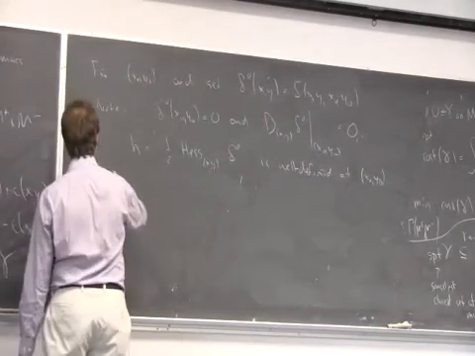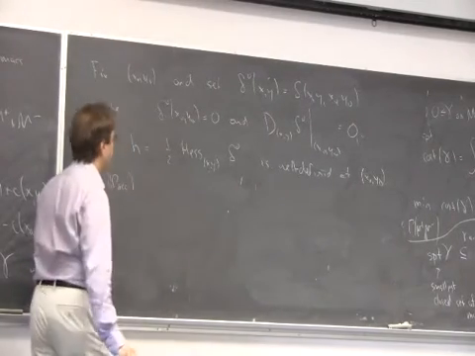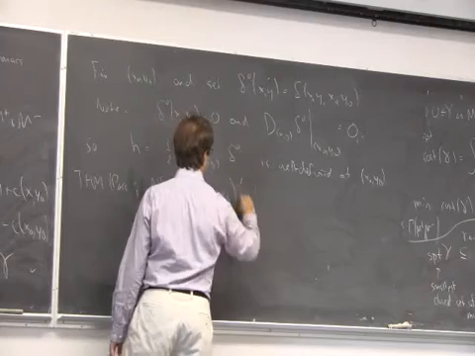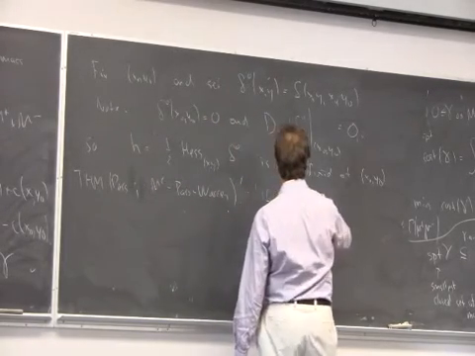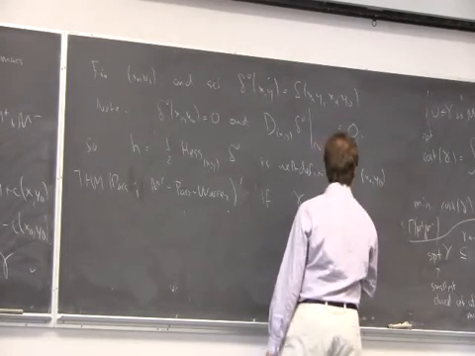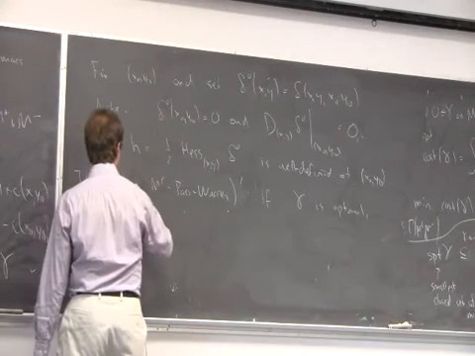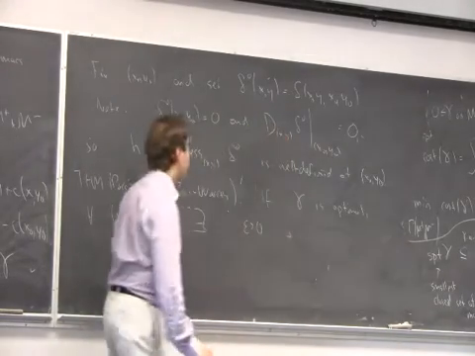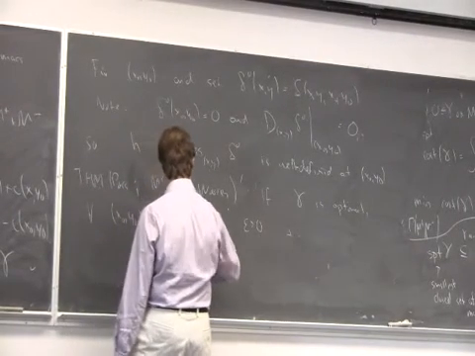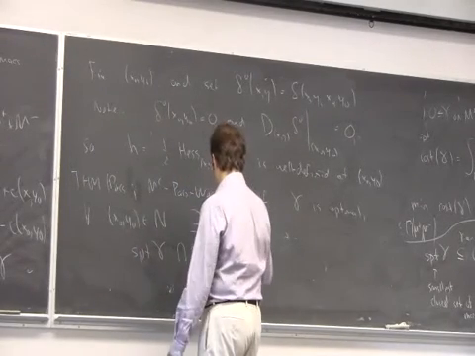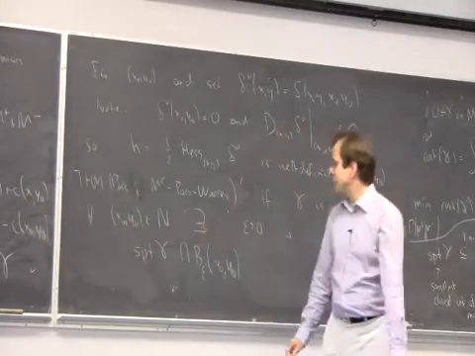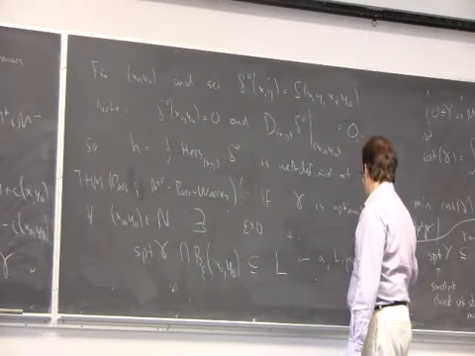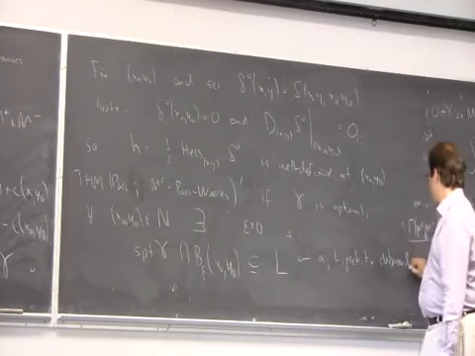And the claim, also due to myself, Pass, and Warren, is that if gamma is optimal, then for any x naught, y naught in the product space, there is a small radius such that when I intersect the support of gamma with a ball of that small radius, this intersection is actually contained in a Lipschitz manifold, and I can estimate the dimension of this manifold.